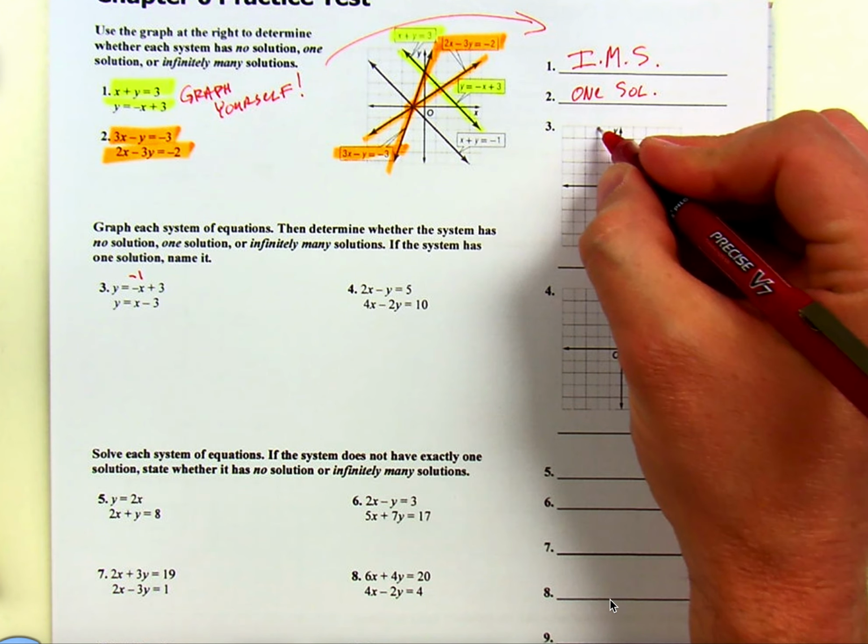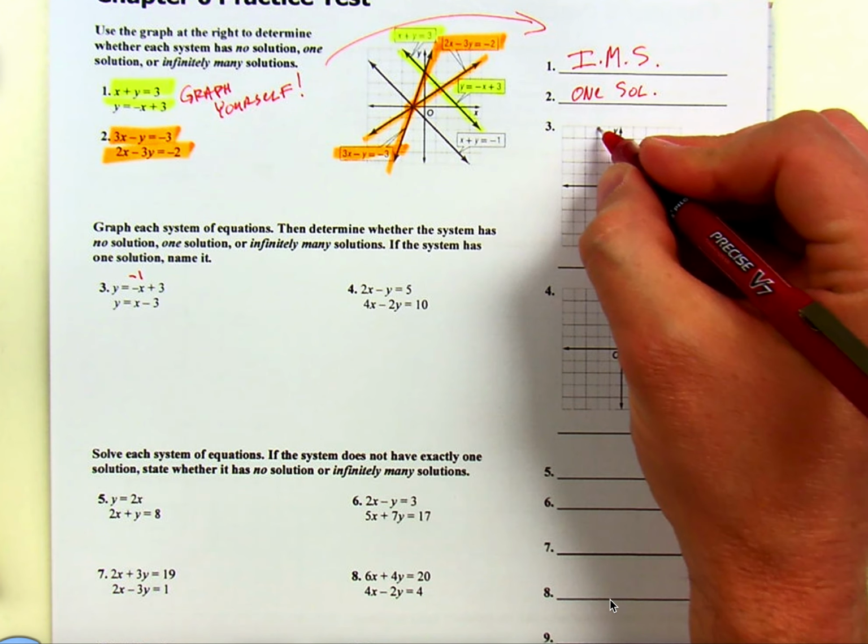And then I'm just gonna graph the other one. The other one is going to start at negative 3. And instead of a slope of negative 1, it's going to go up 1 over 1. And you can see pretty clearly where that is going to cross. What's my one solution for this? My one solution is 3, 0. All right. That's the graphing method.